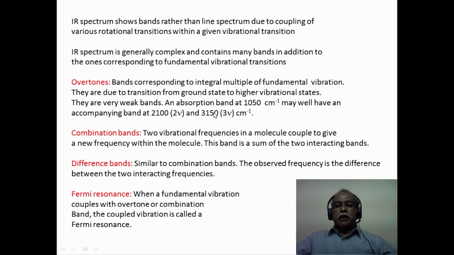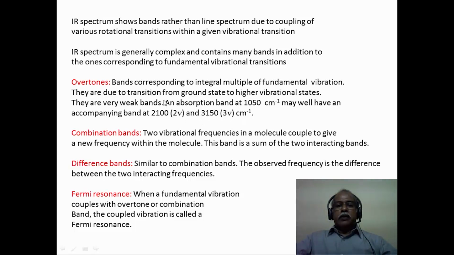So these bands can also appear along with the 1050 band. The 1050 band of course will be the most intense band. As you progress to the second and third harmonics, the intensity falls down, and the band width keeps increasing as you go from the fundamental vibration to the first harmonic, second harmonic and third harmonic.